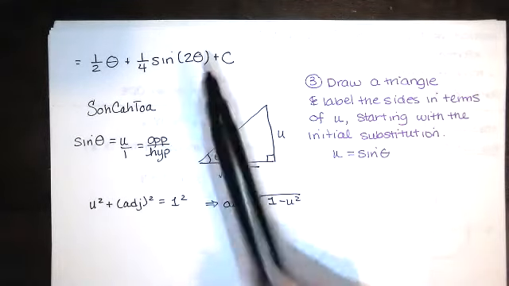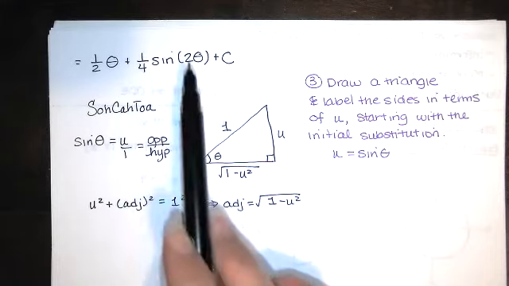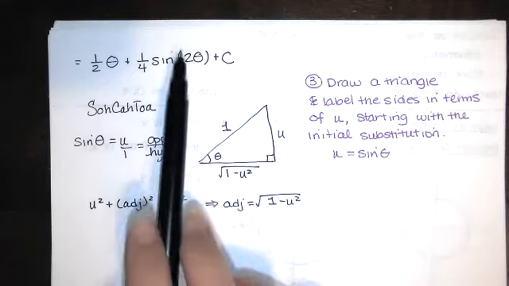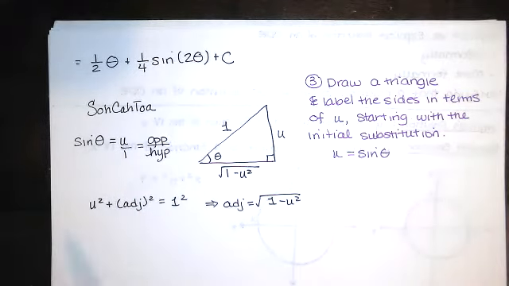This step is not typical. Most of the time you don't have a sine of 2 theta here. You just have trig functions in terms of theta and you can read them from the triangle. But because of the power reducing formulas, we end up with something that looks like this, and we have this little extra step.